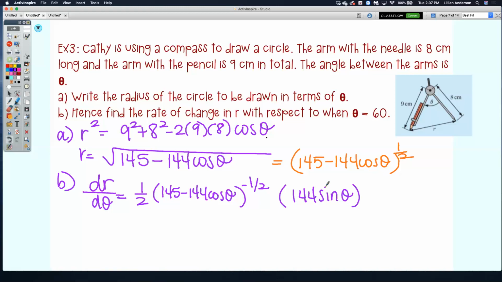So when I bring the negative exponent down to the denominator, I now have 144 sine theta over 2 times 145 minus 144 cosine theta to the 1/2. Can I simplify this any? Could you remove the 2 and get 72 again? Yep.